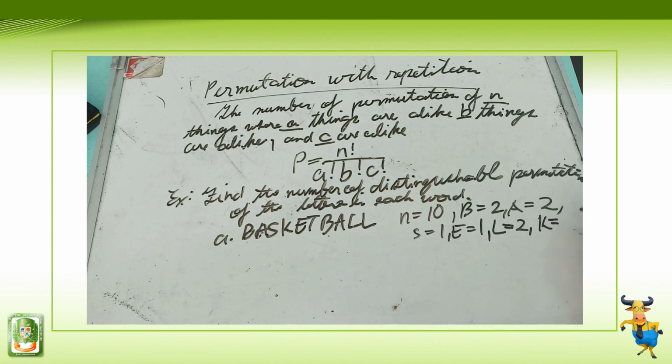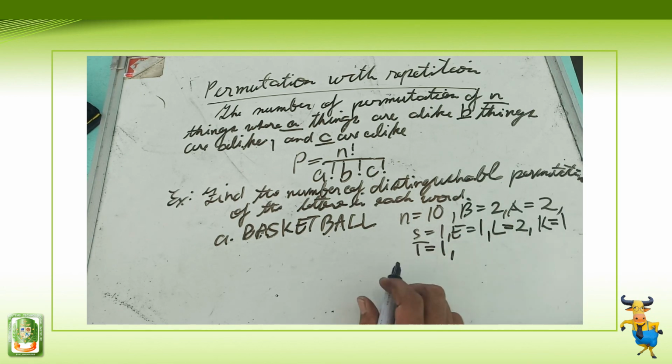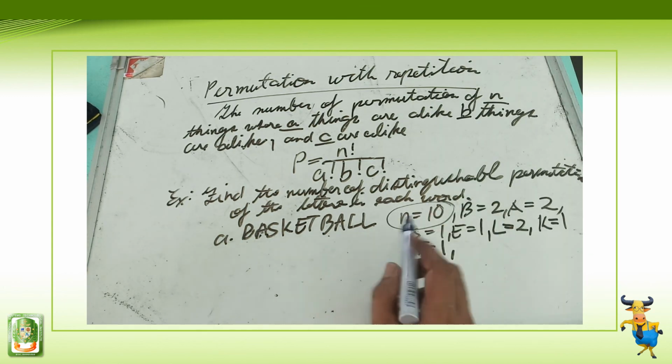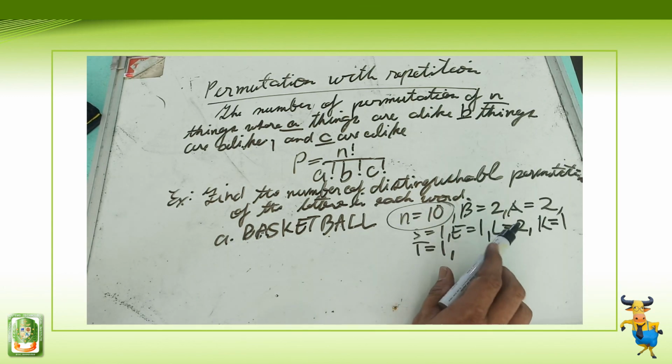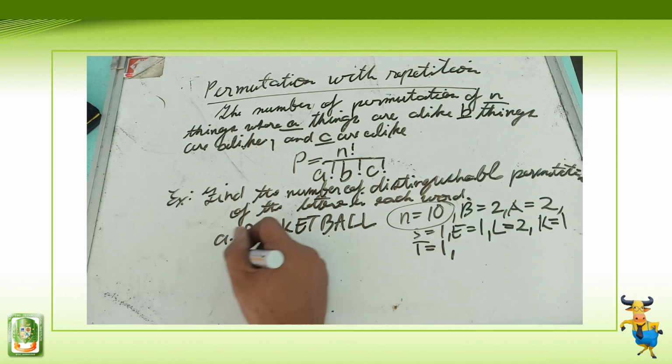And letter K, 1. Ano pa? Letter T, 1. Basketball. Okay, so the total natin na letter ay 10. So ang B natin ay dalawa, A ay dalawa, S ay isa, E, isa rin, L, dalawa, K, isa, and T, isa.